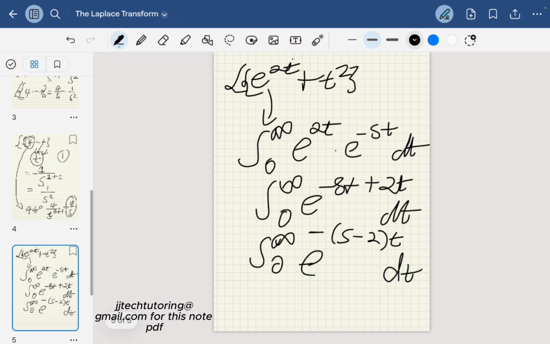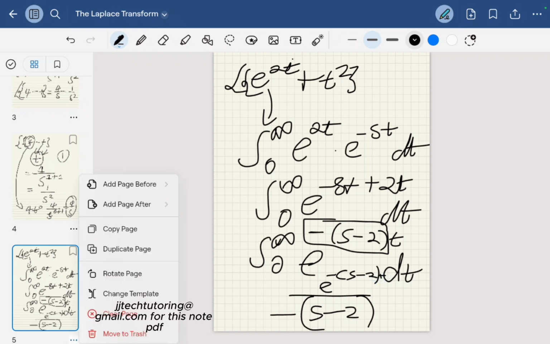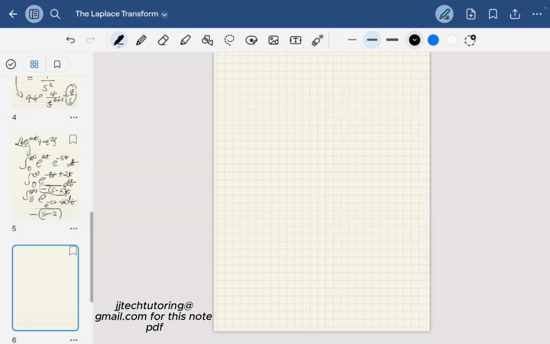Then let us find the derivative of this. The derivative of the exponent is just negative s minus 2, divided by the original, which is e to the power negative s minus 2. The fact that I forgot the table makes you learn a lot, because I was starting to be lazy now to not want to explain these theorems for you.